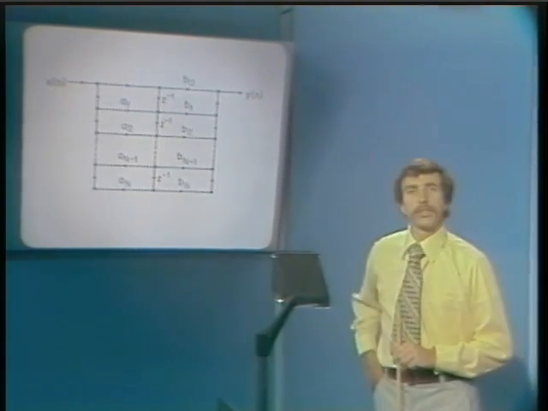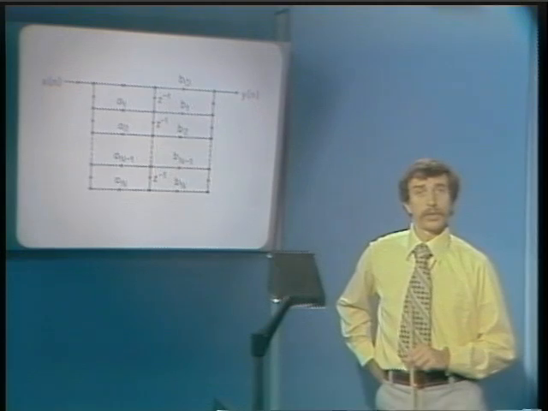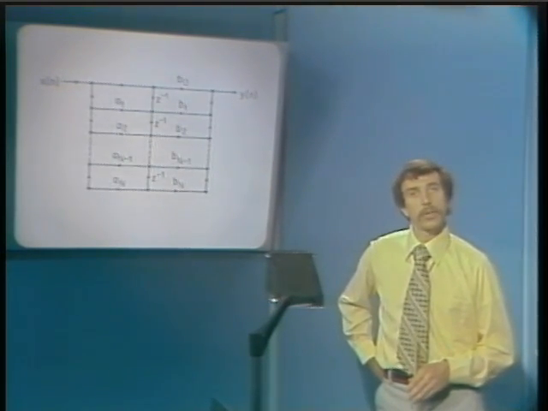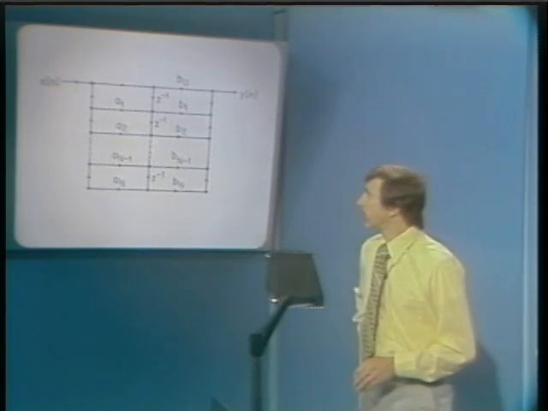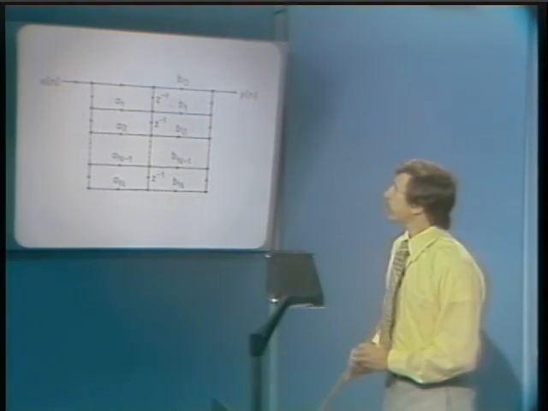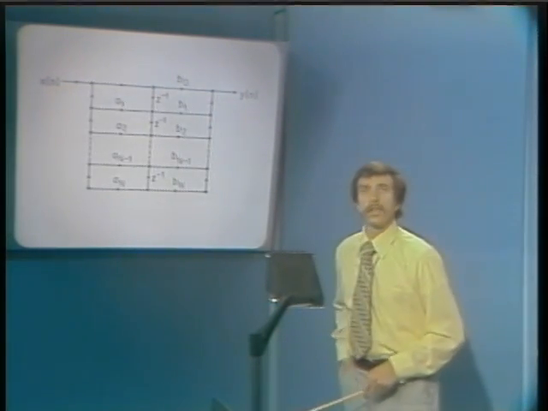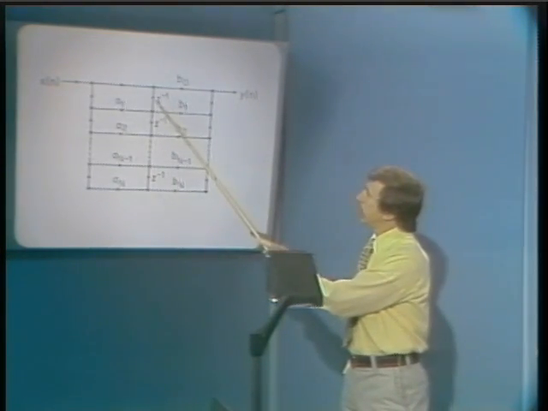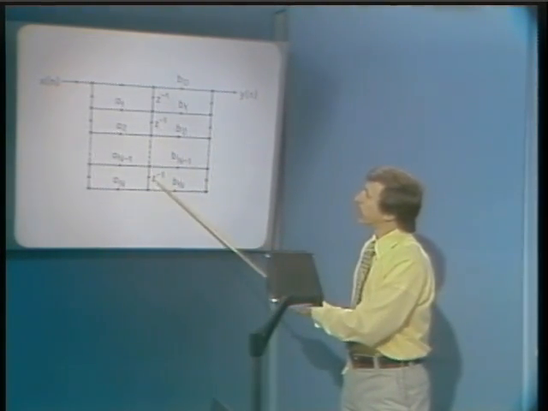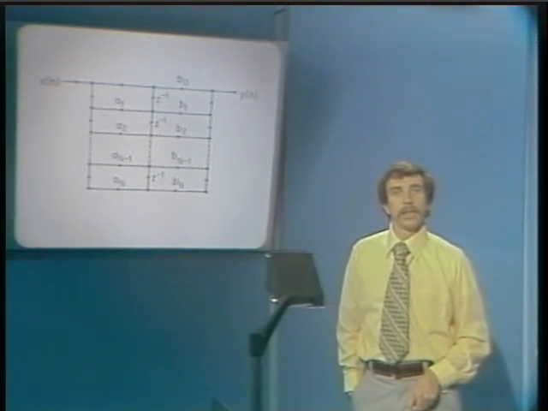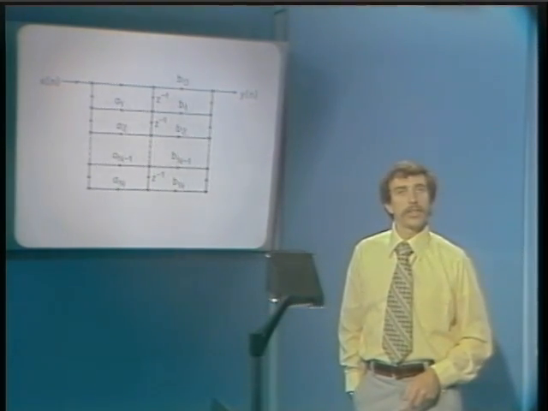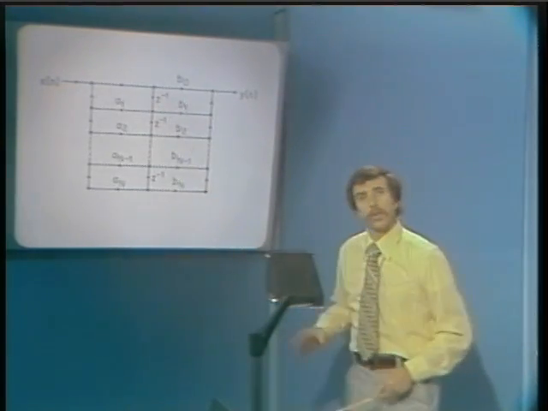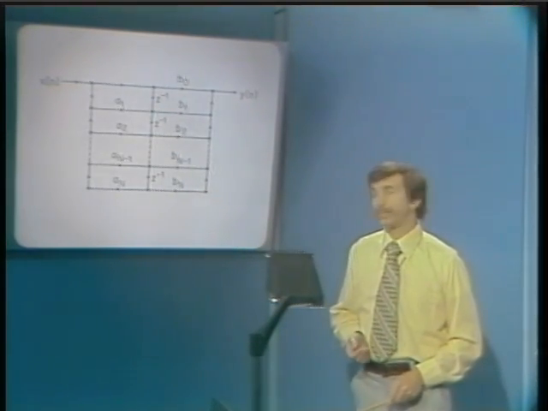But clearly, in terms of implementation of a digital filter, either in terms of a program or in terms of special purpose hardware, there's an advantage to reducing the number of delay registers that are required. Because you see, each z to the minus 1 that appears in the structure requires in the implementation a register to store the value, in other words, to hold it for the next iteration.